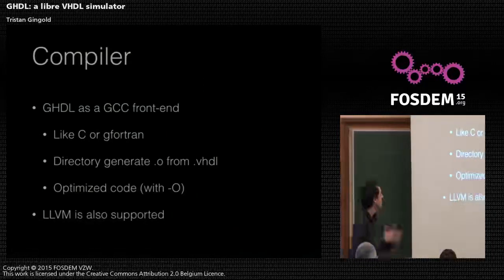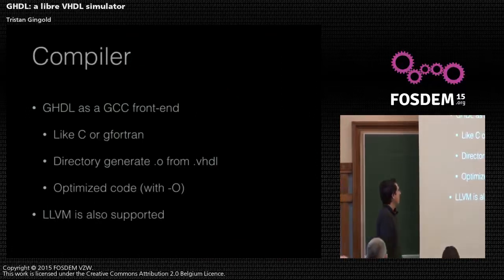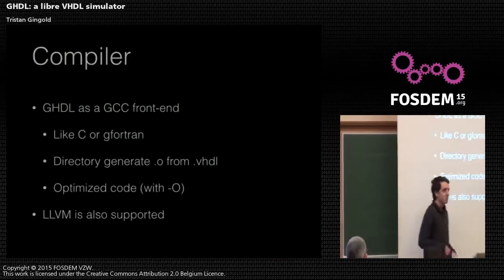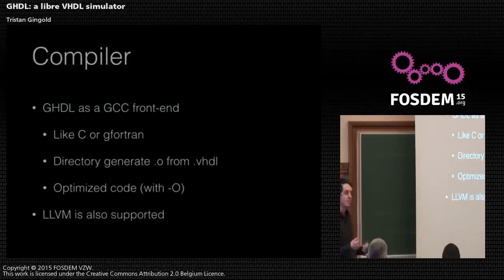You see only one tool. There is no intermediate C code generation. You can optimize with -O, or you can generate debug information with -g. You can use gcov to analyze your VHDL code. You have all the functionality of GCC.